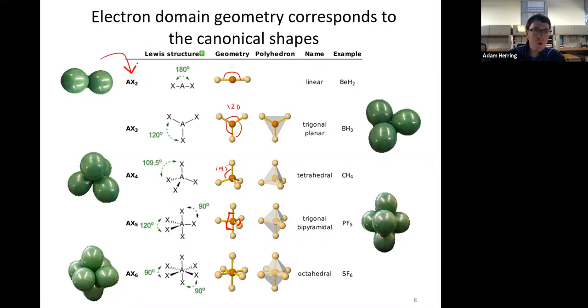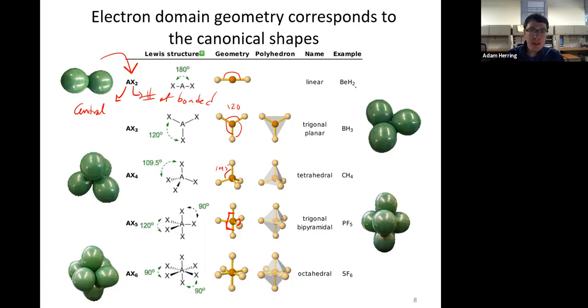Now let me say a word about this notation here. A, in this case, refers to the central atom. X refers to the number of bonded atoms. And for our purposes, what those elements are could be the same or they could be different.